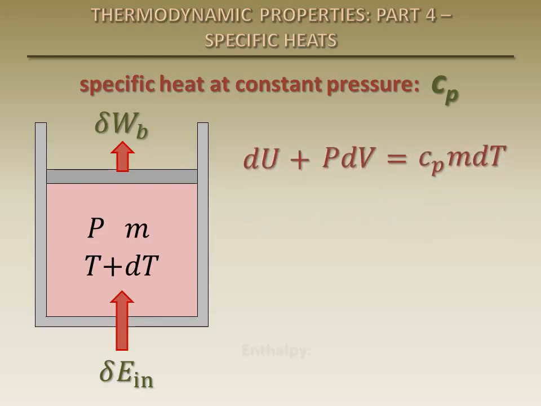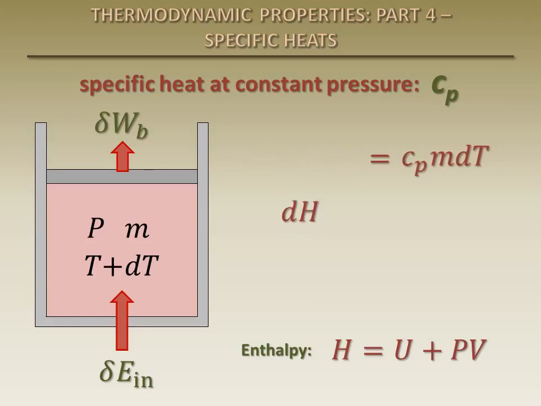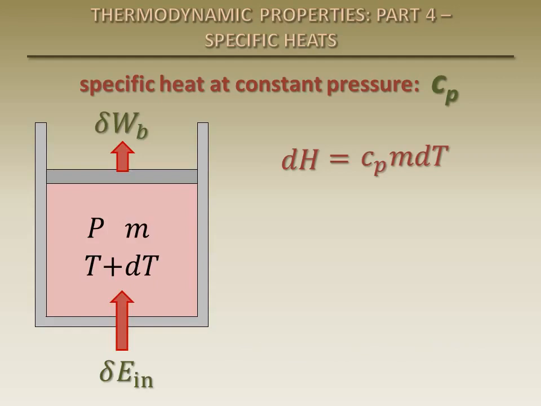Recall that enthalpy is a combination property which consists of the sum of the internal energy and the product of the pressure and volume. So the left side of the equation is equal to the differential change of the enthalpy of the system. The specific enthalpy is equal to the enthalpy divided by the mass.